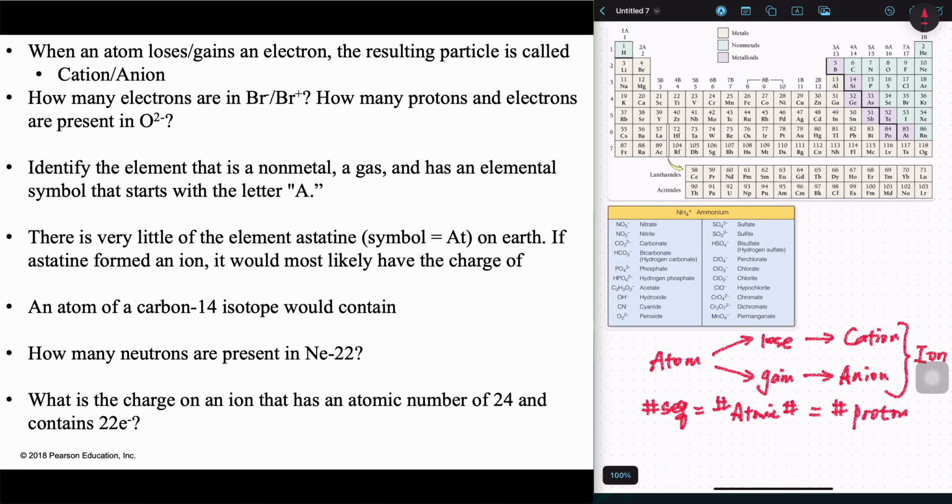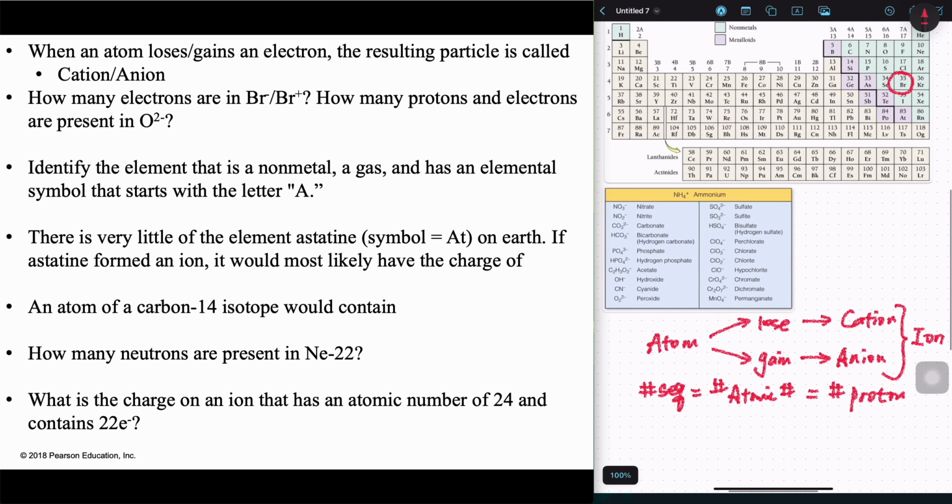So we first find out where bromine is. Bromine in the periodic table, we find it is number 35, here. It means bromine has 35 protons. For a neutral atom, we know the number of protons is equal to the number of electrons. So at neutral state, bromine has 35 electrons.